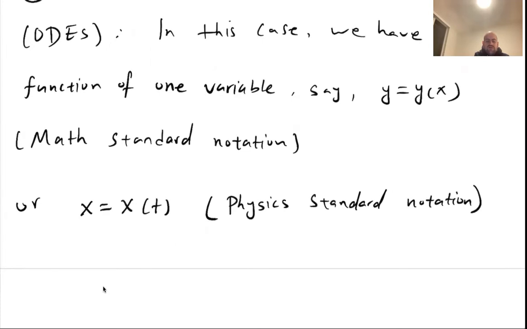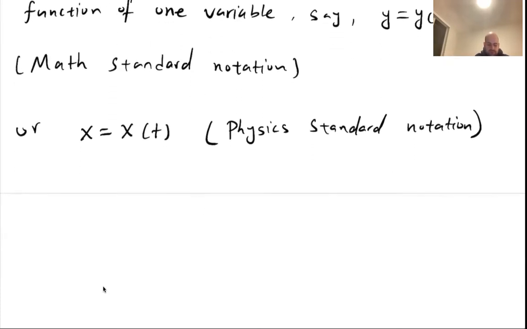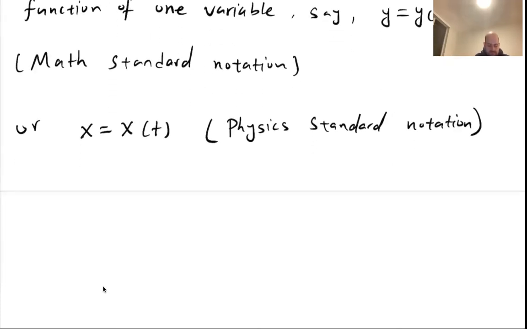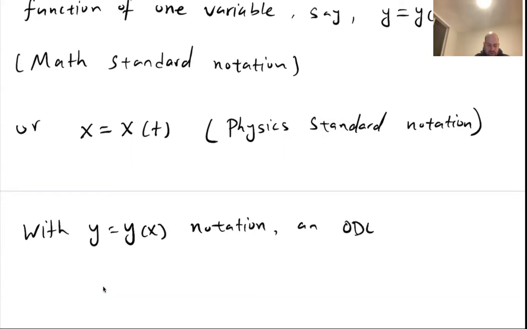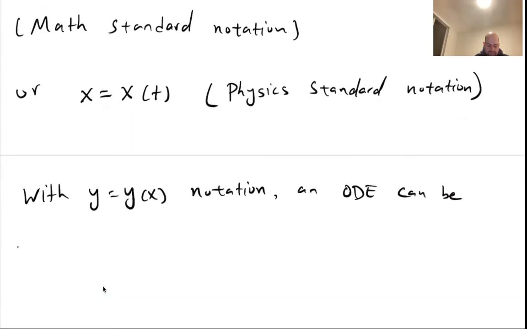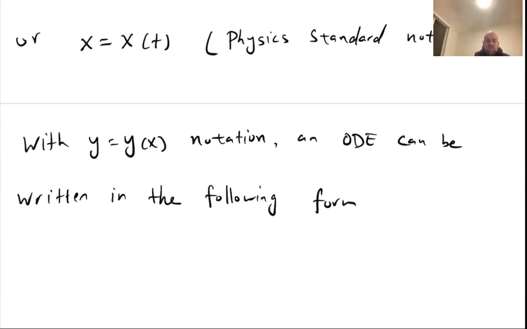So, what is the general form of a differential equation? Let's say with y equals y of x notation, an ODE can be written in the following form. The general form of an ODE, let's stick with the mathematical notation for now.